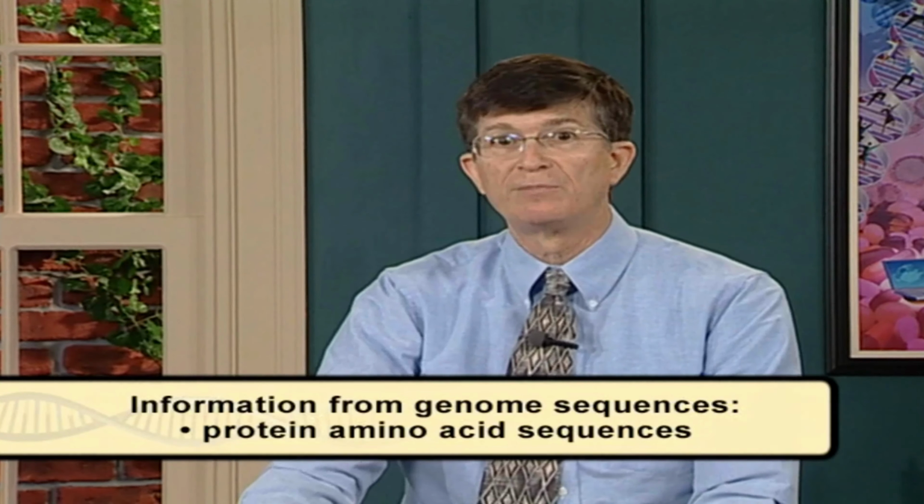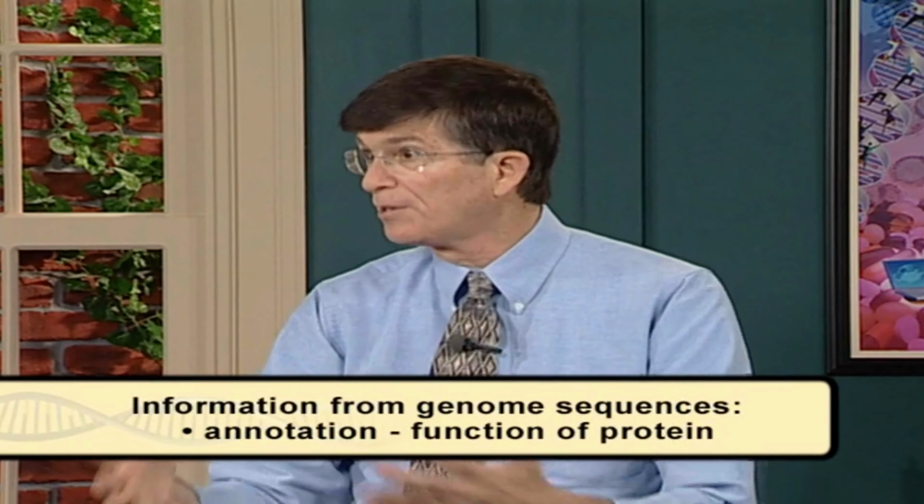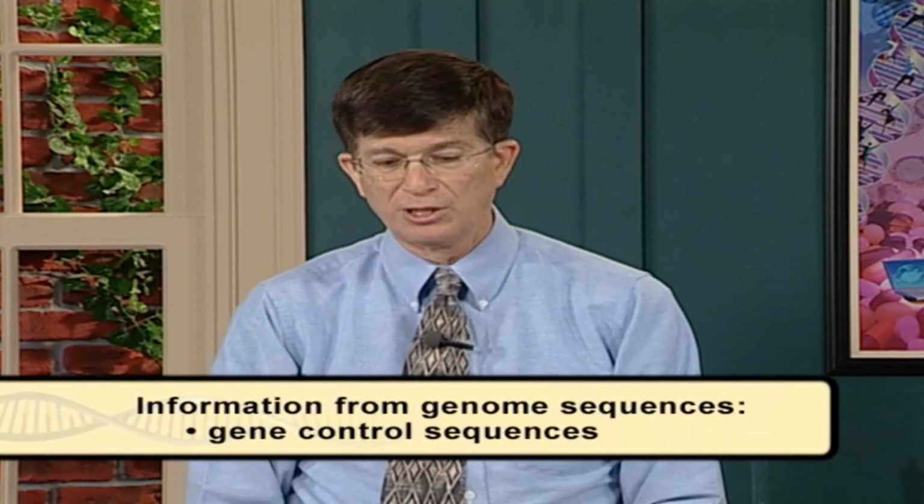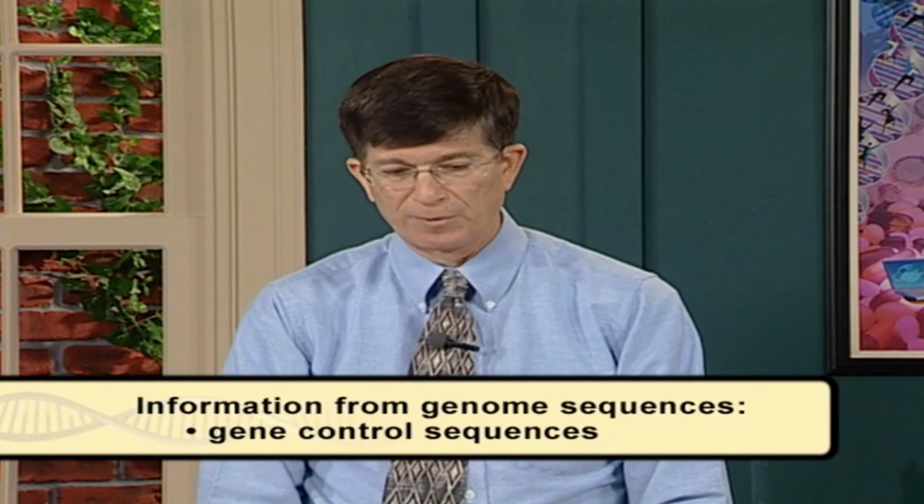So you can have that information. Related to that is something technically called annotation, where you can find the function of that protein. So now we have a genome sequence, we have the gene sequence, now we have the protein function that gene codes for. And of course, you can get gene control information from the promoter.